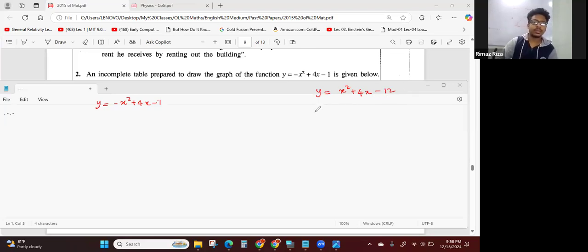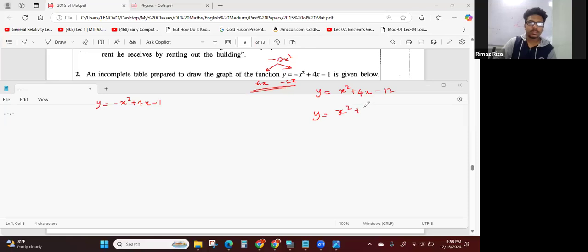So if you factorize this, what you get: y equals, for minus 12, the factors are 6 and 2, the bigger one is plus, so plus 6x minus 2x. Instead of 4x, I can put this.